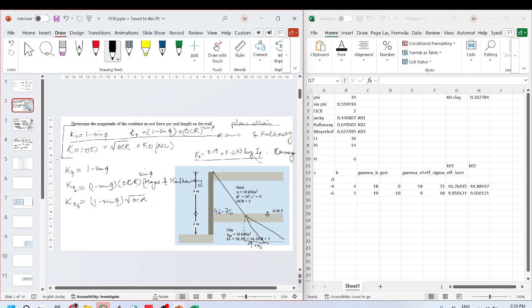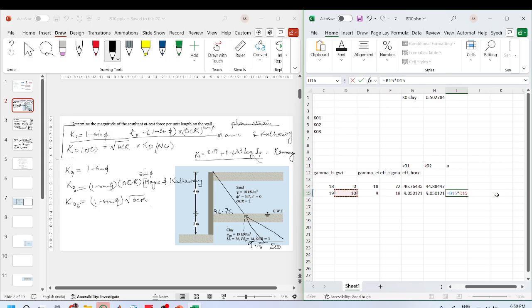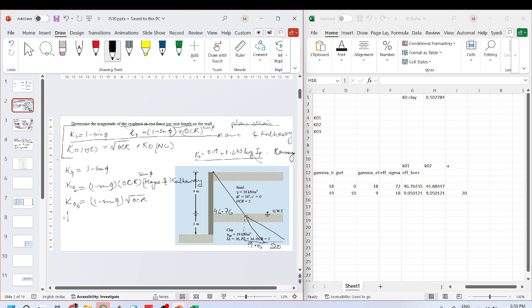This will be gamma W into 2, which will be 20. Total stress will be the area of this.